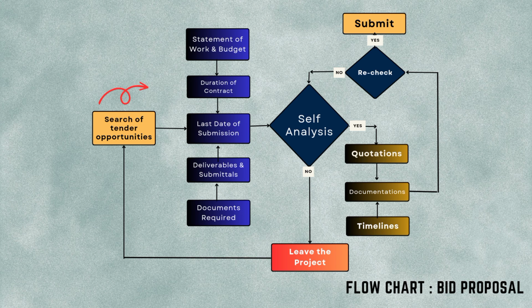And then we set the timelines. Time is very important because first we have to consider the duration of contract in the checklist. We have to set the timelines as per the duration of the contract. If there is no possibility to be within the limit of the duration of contract, you can clearly show your concern in writing or verbally, whatever the scenario is, to the contract agency.